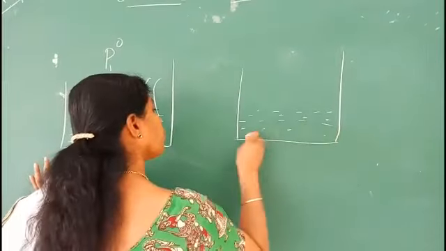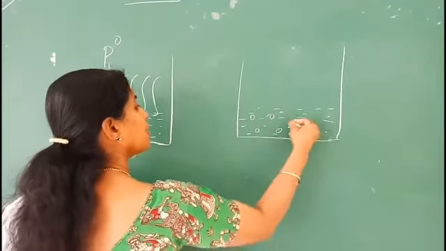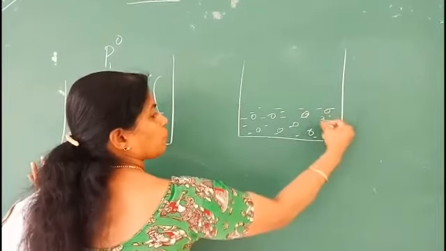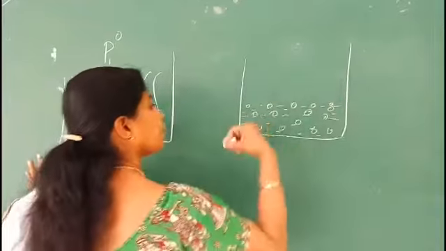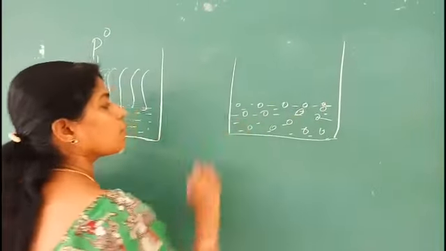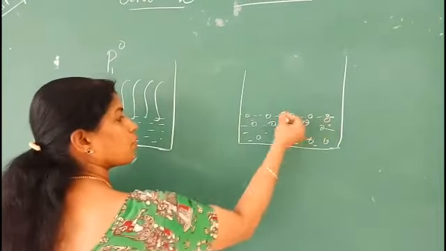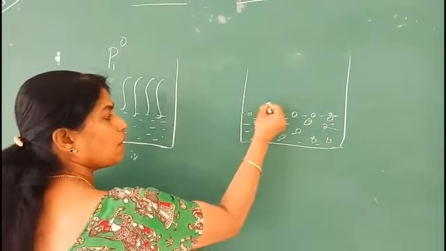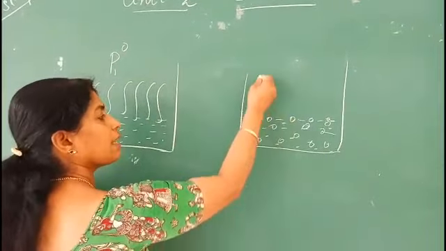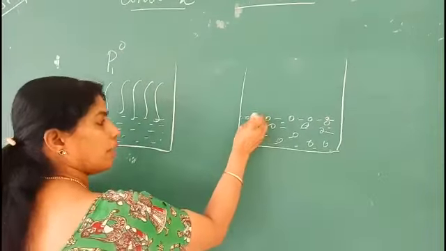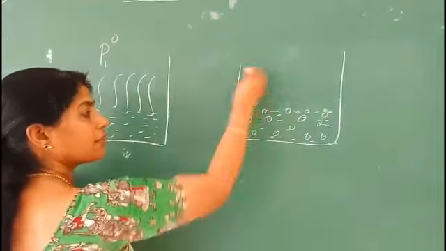When the non-volatile solute is added to this liquid, it gets dissolved in the solution, and on the surface also there will be moles of this non-volatile solute. So the number of moles of the non-volatile solute on the surface increases, and therefore the number of moles of the volatile liquid decreases.